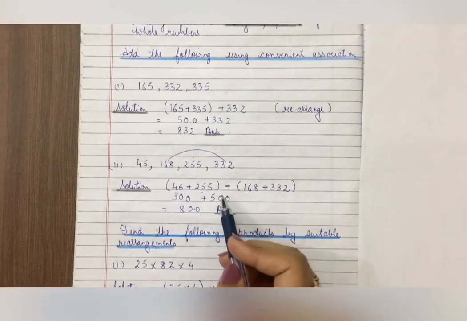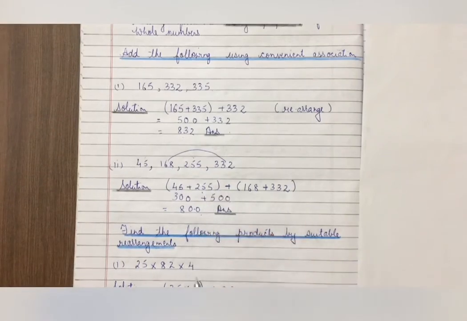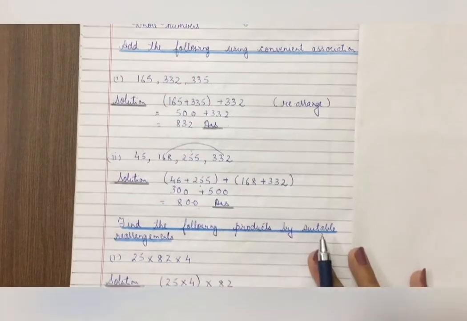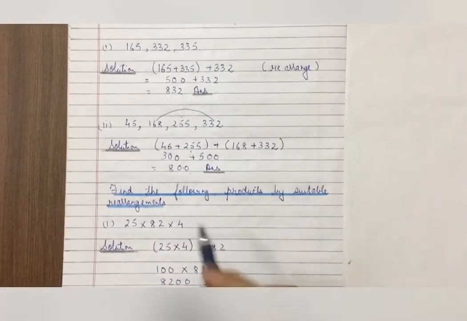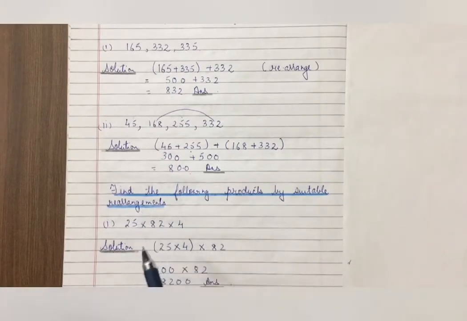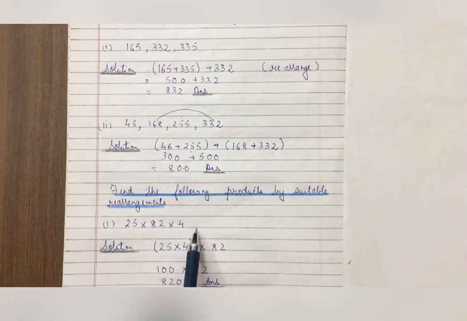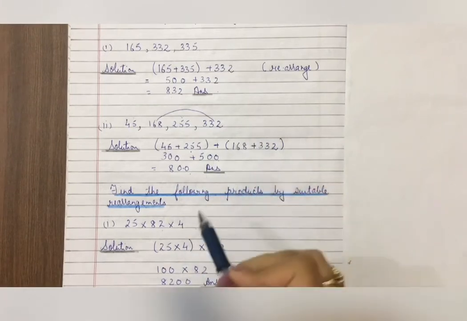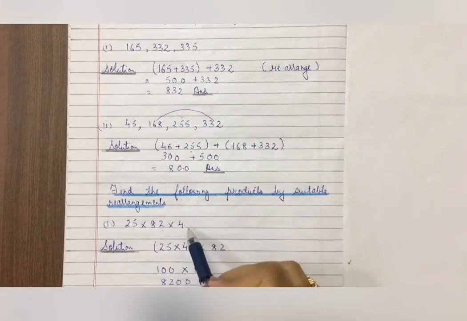The same property can also be used when we are multiplying numbers. Find the following products by suitable rearrangement. So you can see I have to multiply 25 by 82 and then by 4. Again, we will follow the same method. Previously we were doing addition, now we have to multiply and we have to get maximum number of zeros.